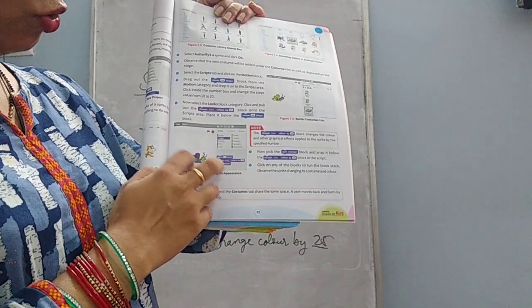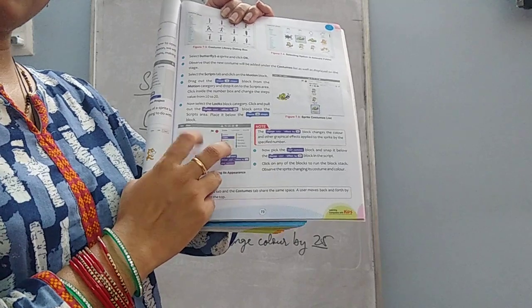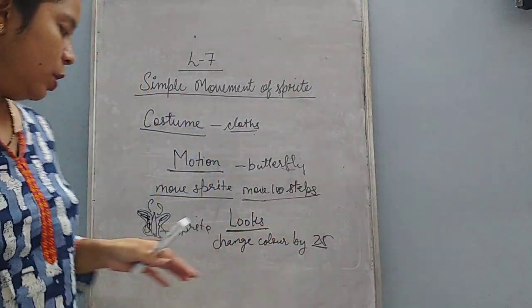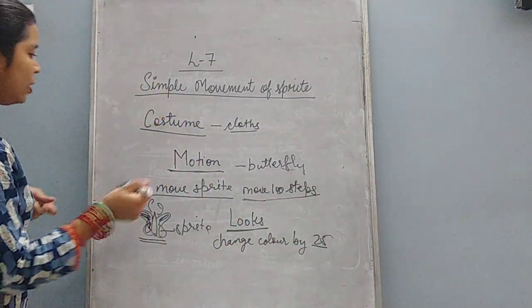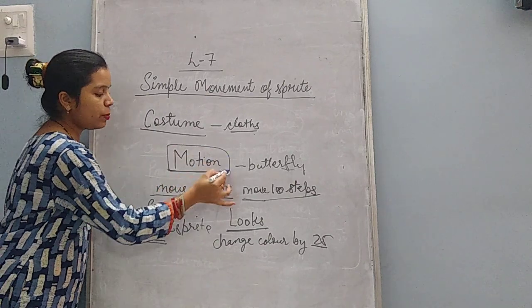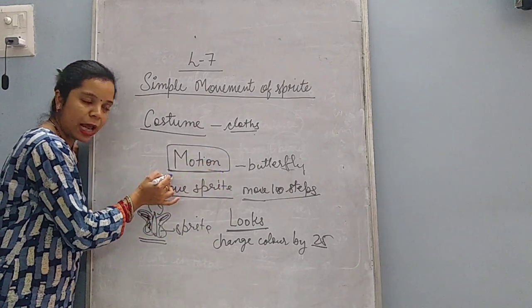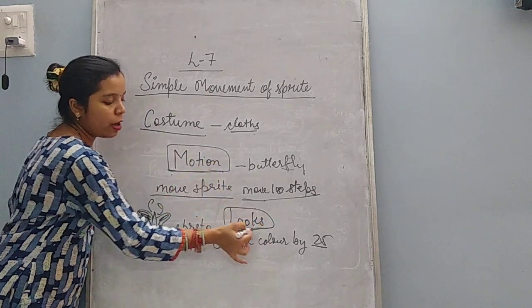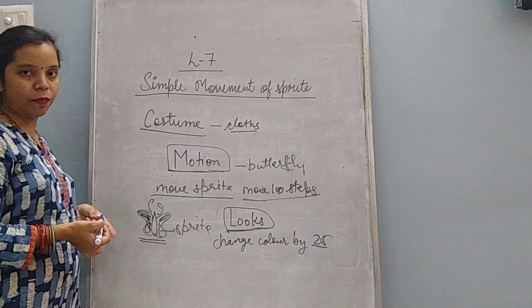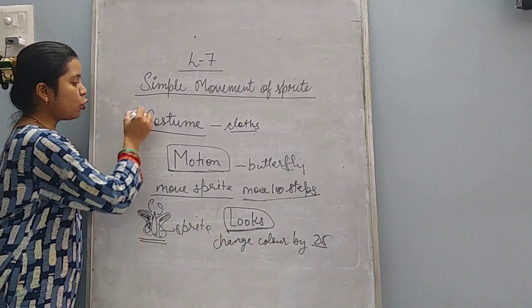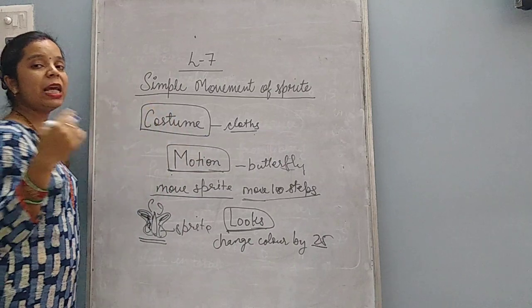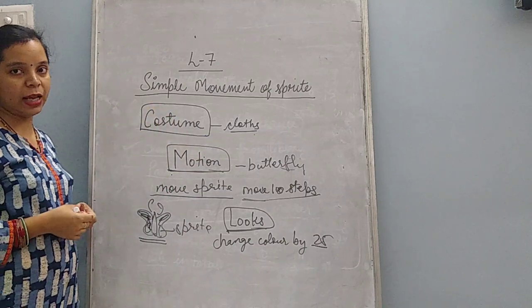So you can see your sprite, the butterfly, will come in blue color. So these two blocks are there. You have to remember, the motion block is used for moving the sprite, and the looks block is used to change the color of the sprite. And using the costume block, you can change the appearance of your sprite.